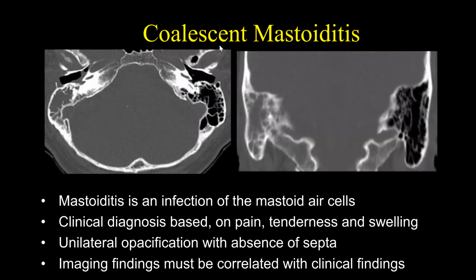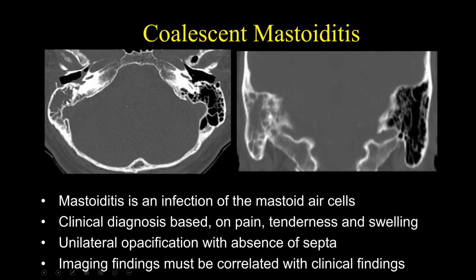Now, what I showed before was a unilateral effusion. If this unilateral effusion starts to progress and it results in absence or erosion of the small little labyrinthine bones involved in the mastoid air cells, then this is radiologically what we can refer to as coalescent mastoiditis. Now, just realize that mastoiditis is not a radiological diagnosis.